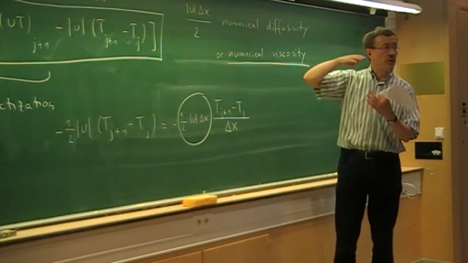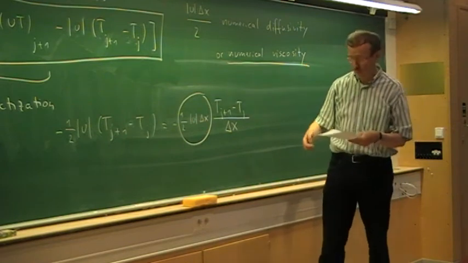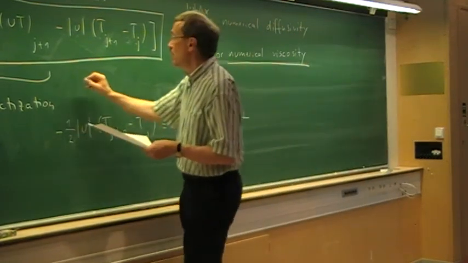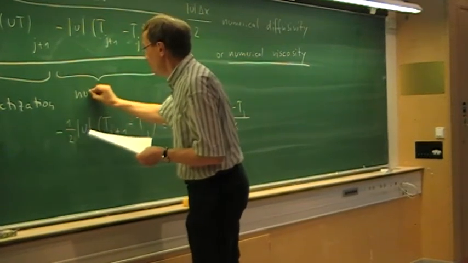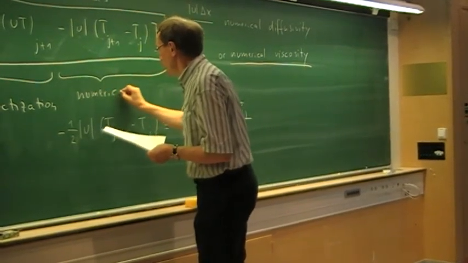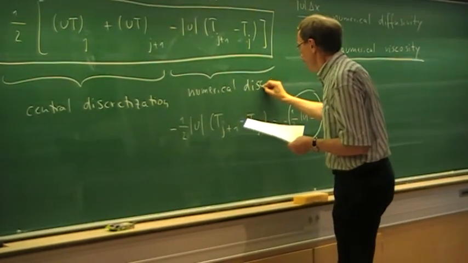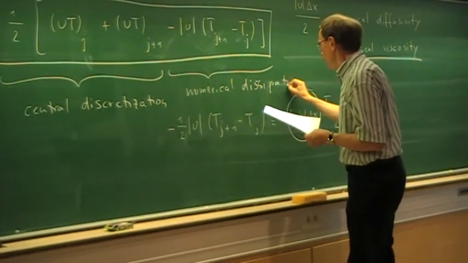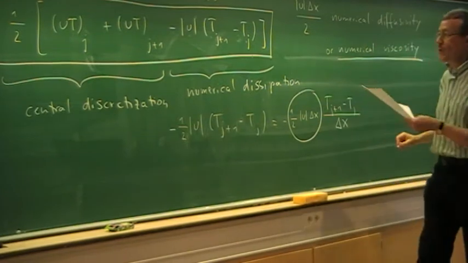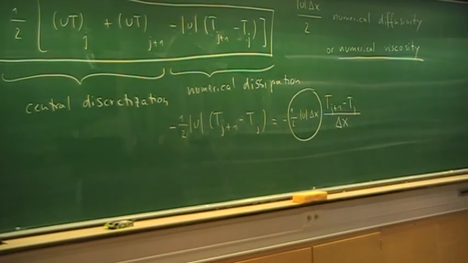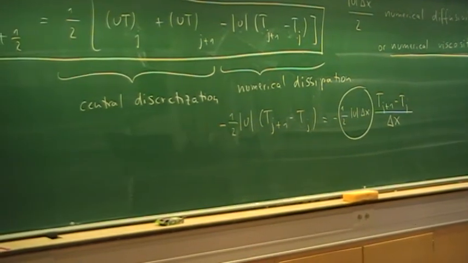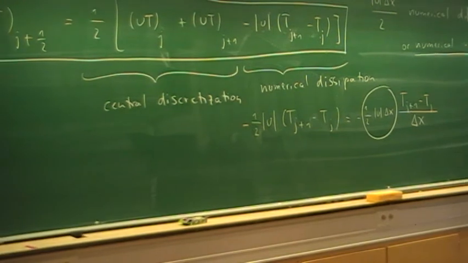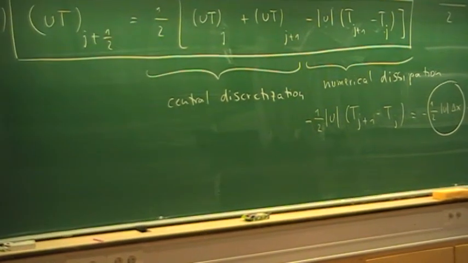If we would have an amplitude, it would decrease the amplitude. And we can call that then, this part that is here, the numerical dissipation. That is then responsible for the diffusivity of this method, so that it makes discontinuities smeared, that it decreases amplitudes. That is due to this term.